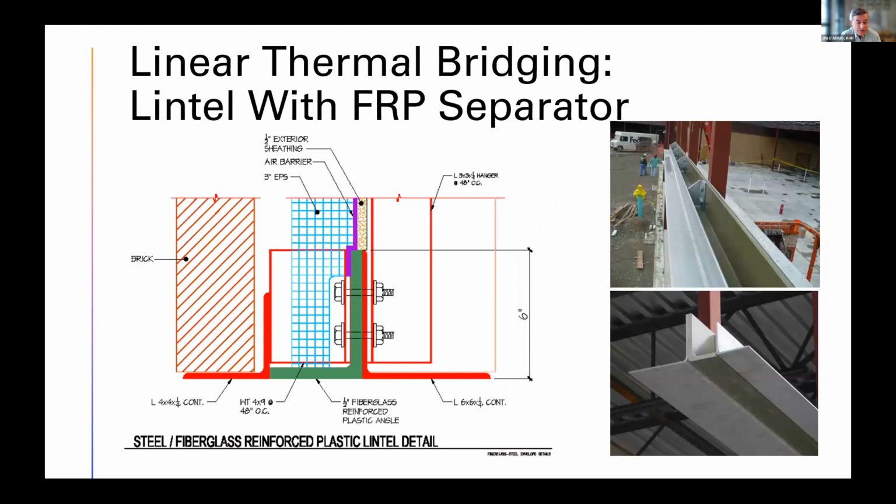This is what I did a few years ago to prevent thermal bridging at a hung lintel, with green being the fiberglass reinforced plastic angle, which you can get. It's $60 a linear foot. It's expensive stuff, but it basically is a thermal shim with stainless steel bolts, because stainless steel conducts heat a third as well as carbon steel, as Rob pointed out. And this is the way it looked in the field.